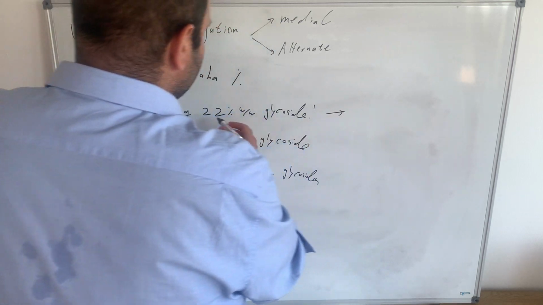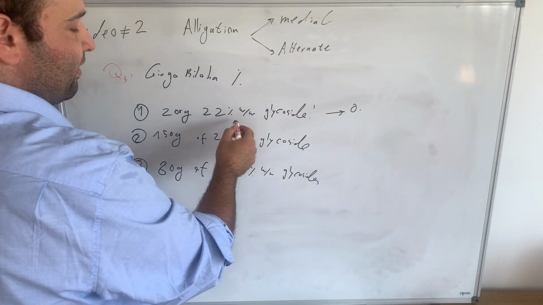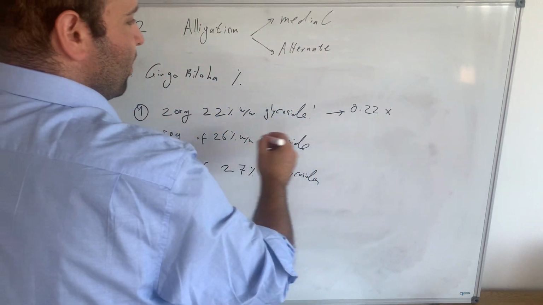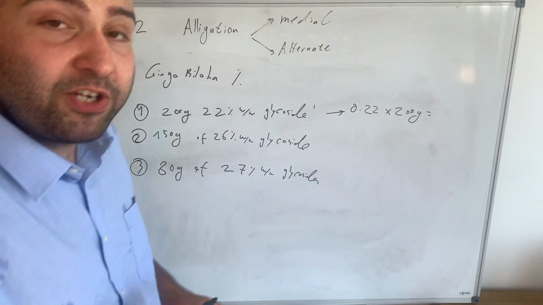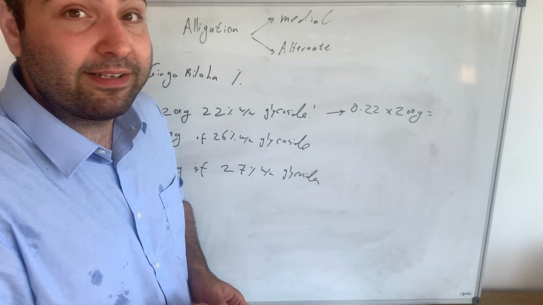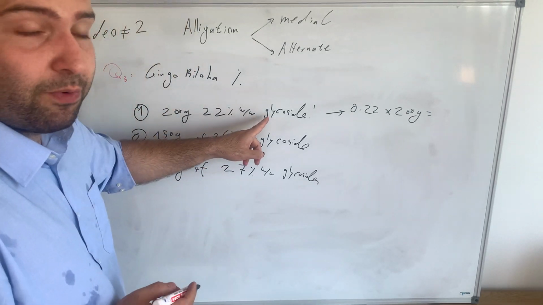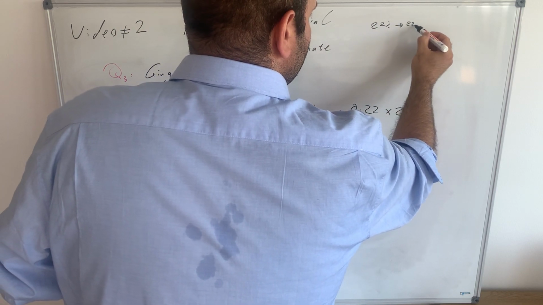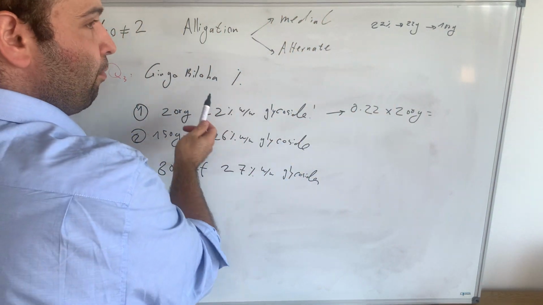So for the first batch, 22% means 22 divided by 100, multiplied by 200 gram. You can also use ratio and proportions. You can watch my video number 1, it covers the basics or fundamentals of pharmaceutical calculation. Here you can also do it with ratio and proportion. 22% means 22 gram is in 100 gram of ginkgo biloba leaves.